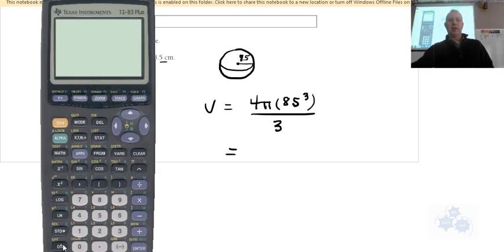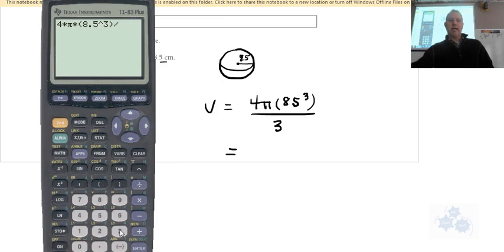What I'm going to do here is show you how I would do this. 4 times pi times, now I'm going to use some brackets here because I just want to cube the 8.5. Then I have a little exponent button, to the power of 3. Everyone find your exponent button there.